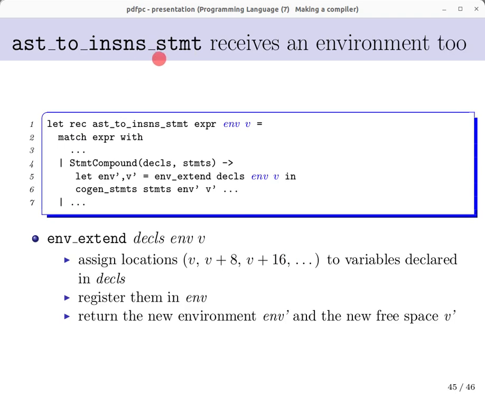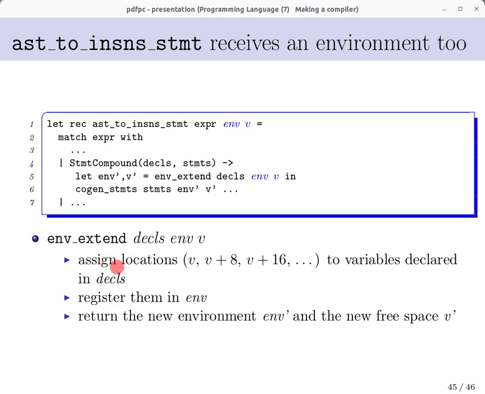AST2 instance statement also should receive an environment too. And when you compile a compound statement, you take the declarations and you have to extend the environment using the declared variables. So here env extend takes a list of declarations, the environment, and the lowest end of the free space in the stack.